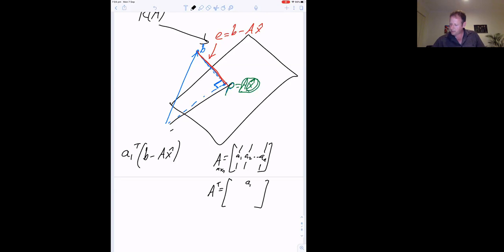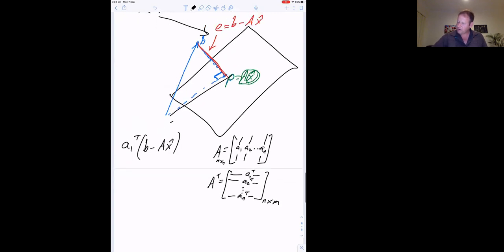That's going to be A1 transposed, A2 transposed, up to AN transposed, and A transposed is an N by M matrix. So we want anything that's spanned by these columns to be orthogonal to this error.